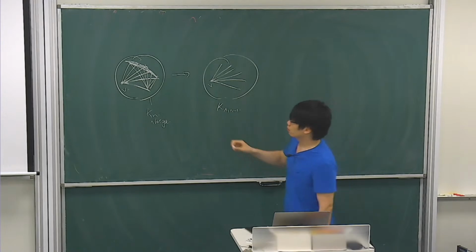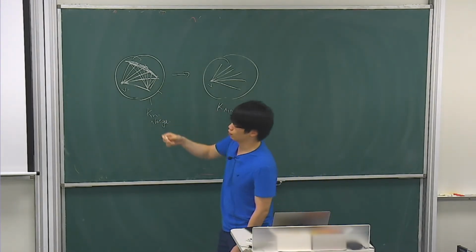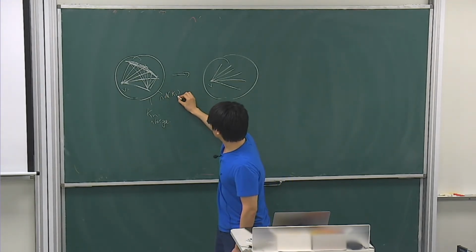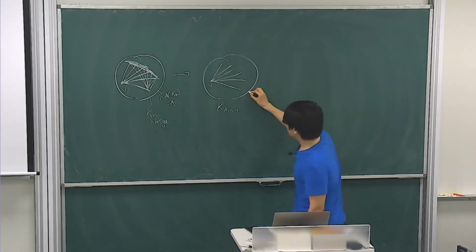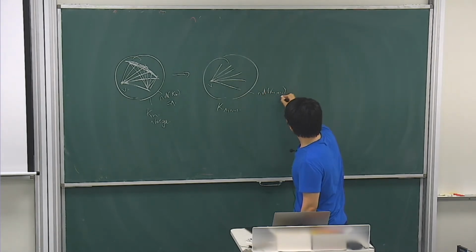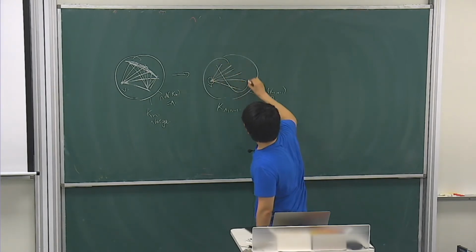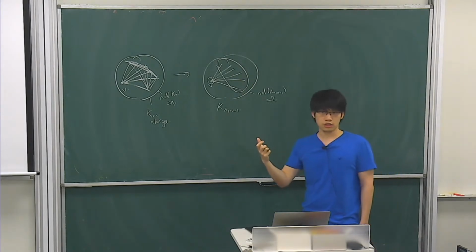Initially, this has only one twin class, so the neighborhood diversity of this is 1. But here you have two twin classes, because V and this other vertex form two twin classes.